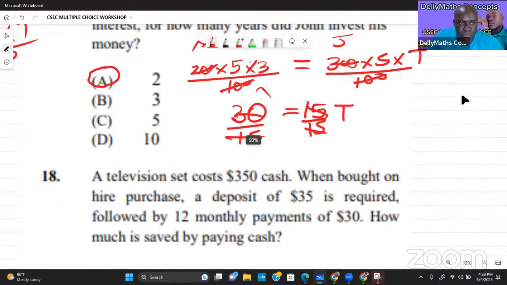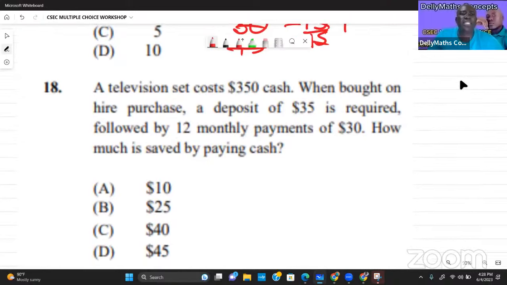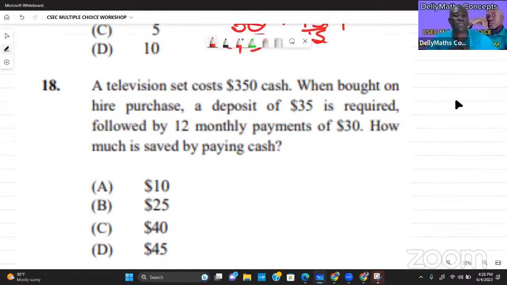All right, number 18. 18 says a television set costs $350 cash. When bought on hire purchase, a deposit of $35 is required, followed by 12 monthly payments of $30. How much is saved if paid cash? Well, if I'm going to know how much is saved on paid cash, I'm going to need to know what my hire purchase is.